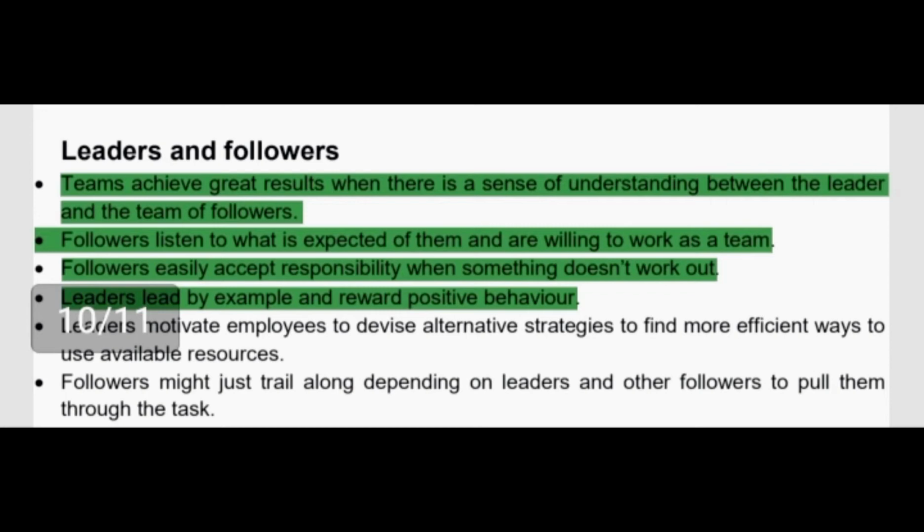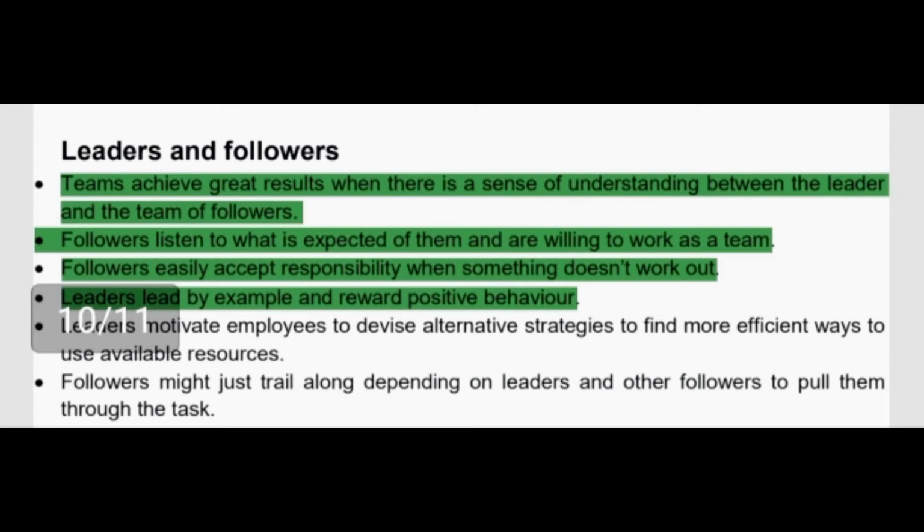Bullet point number 2, they perform good results when there is an understanding between the leadership and the followers, who are the employees. Followers listen to what is expected of them and are willing to work as a team.